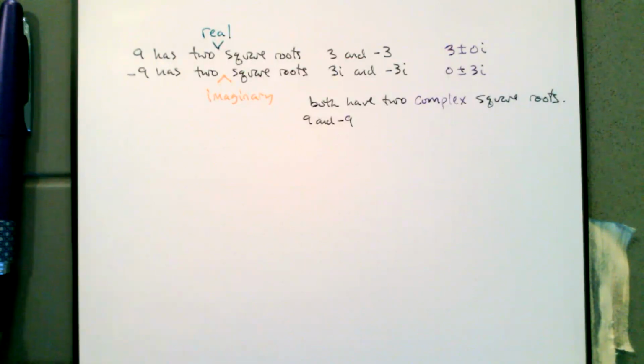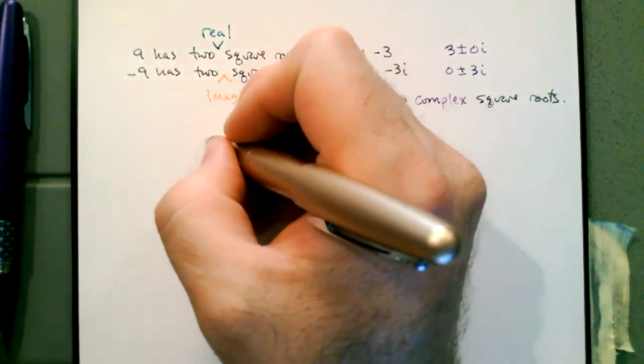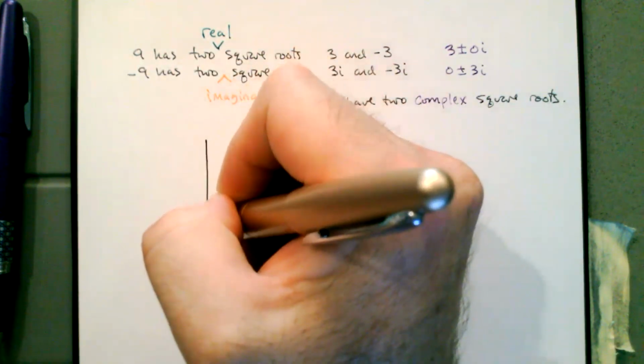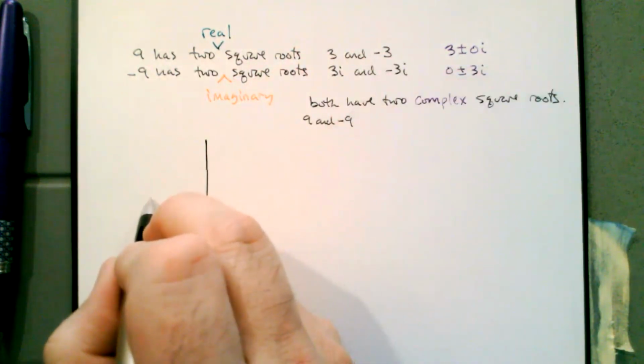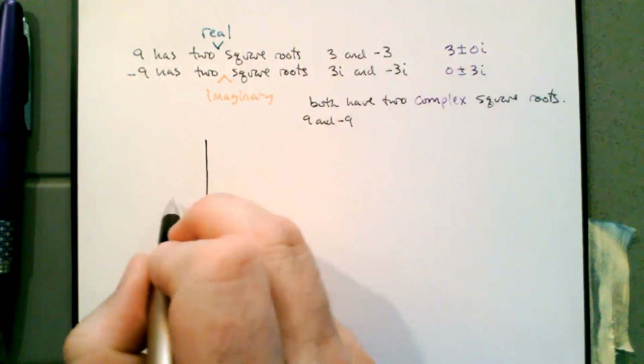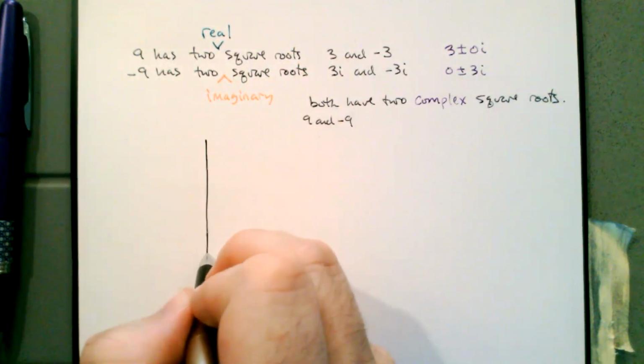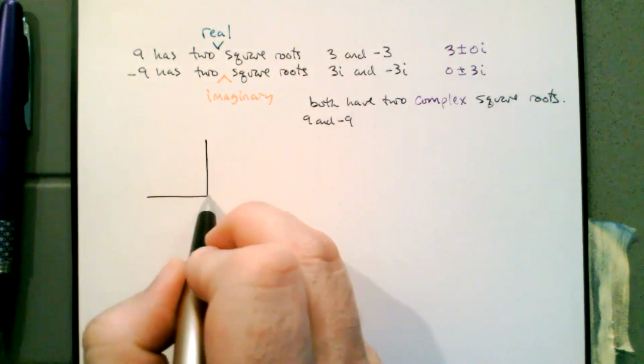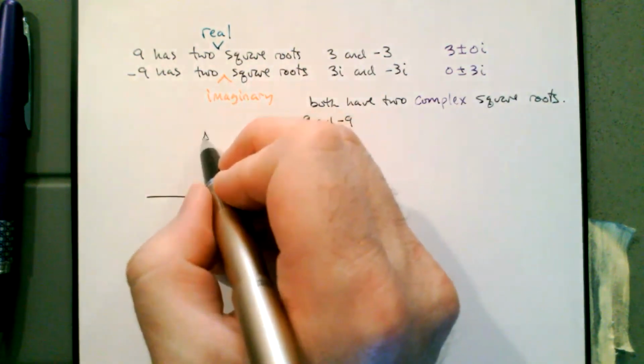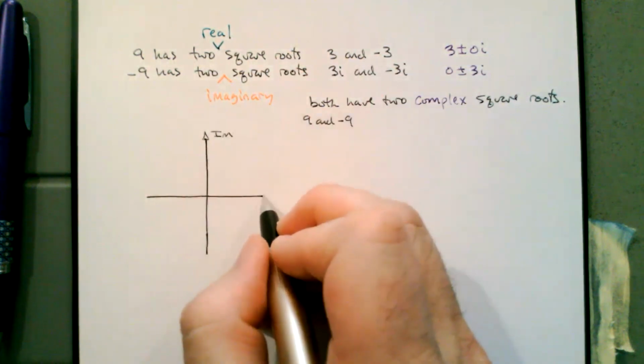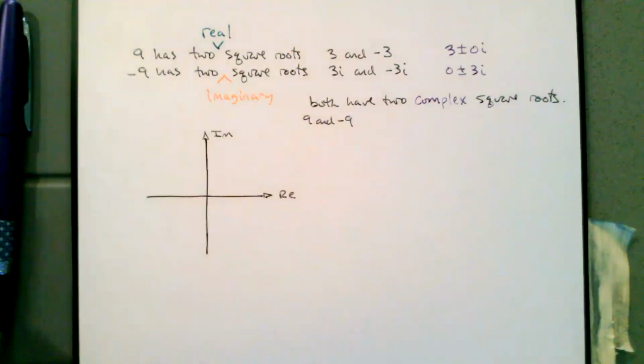Let's plot them. So if we draw our complex plane, we look at plus or minus 3. I did these wrong.